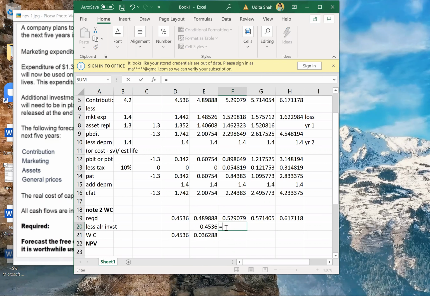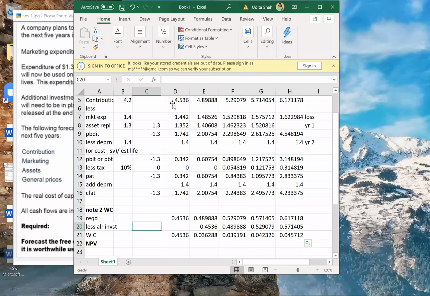Year three, how much have we already invested? That of year two. Year four, we have already invested this much, and year five, this much. Correct? So just drag it and you will get all the working capitals. Required is 10% of contribution.